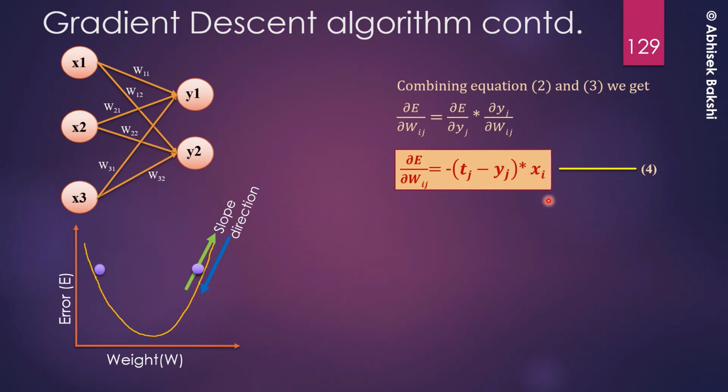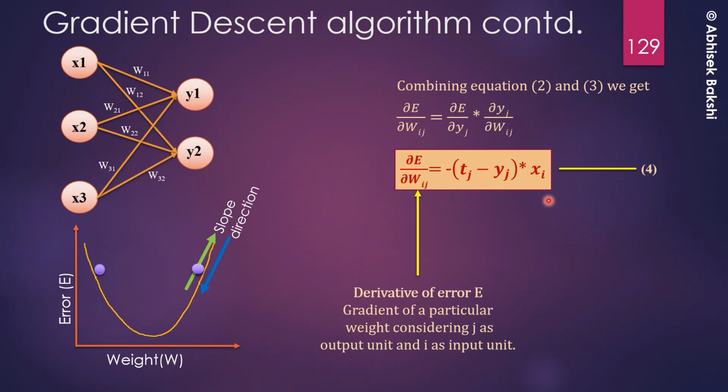And that is the derivative with respect to wij. This is nothing but the gradient of a particular weight, considering j as the output unit and i as the input unit. So we have established the formulation of the derivative.